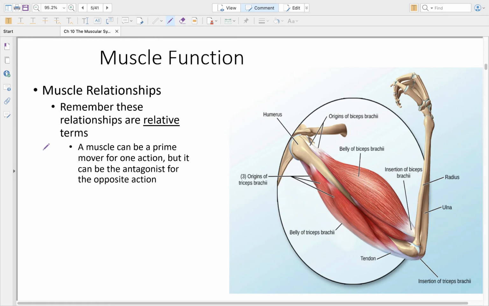Okay, now I want you guys to remember these relationships and the relative terms, and also to understand that a prime mover for one action can actually be the antagonist for another action or for the opposite action. So let's say we wanted to flex the tricep brachii, okay, or extend the forearm, which is the opposite action of the bicep brachii. The tricep brachii in that situation will be the prime mover.